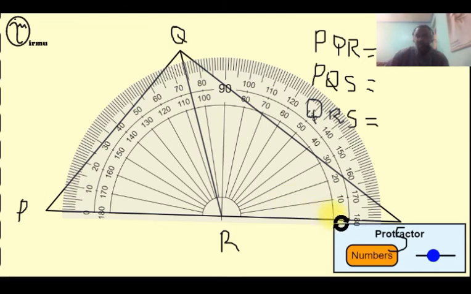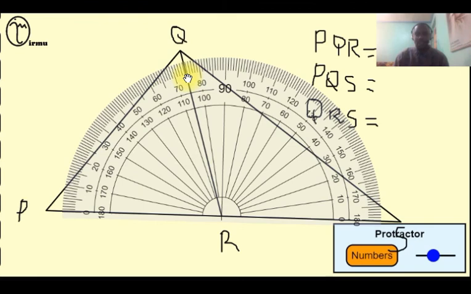So this time I'm using the inner scale because I'm measuring from the right side. So I grow from 0 to 10 degrees, 20, 30, 40, 50, 60, 70, 80, 90, 100. Then after 100, we go between 100 and 110. We have 105. Then 1 degree after 105, which is 106.